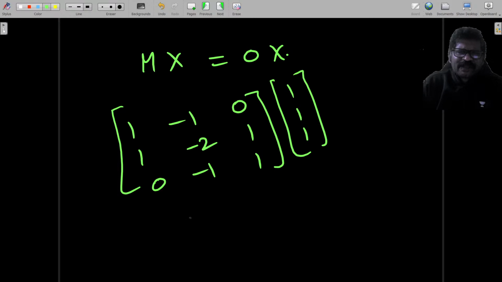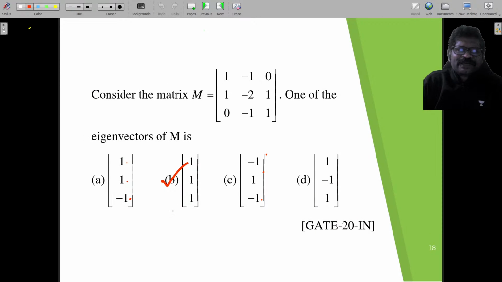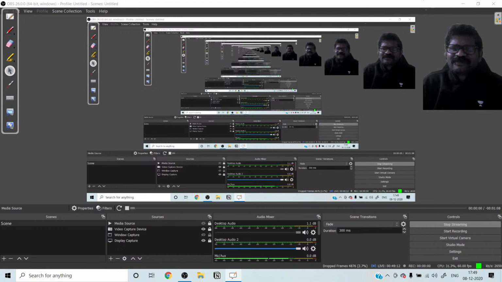Verify: 1 minus 1 plus 0, 1 minus 2 plus 1, 0 minus 1 plus 1. You are getting 0, or not? So Mx equal to 0x is satisfied by the second option. That's why the second option is correct. Understood? Thank you.